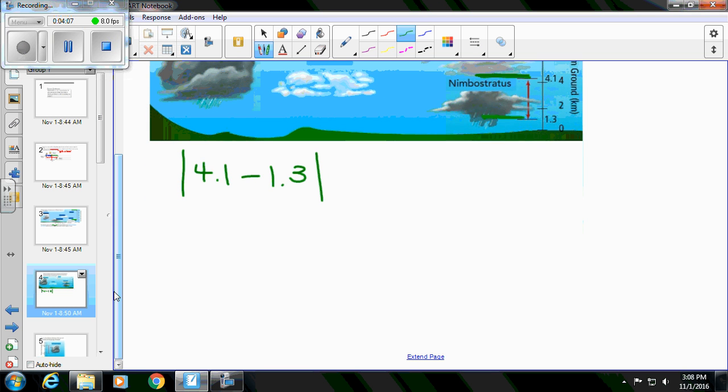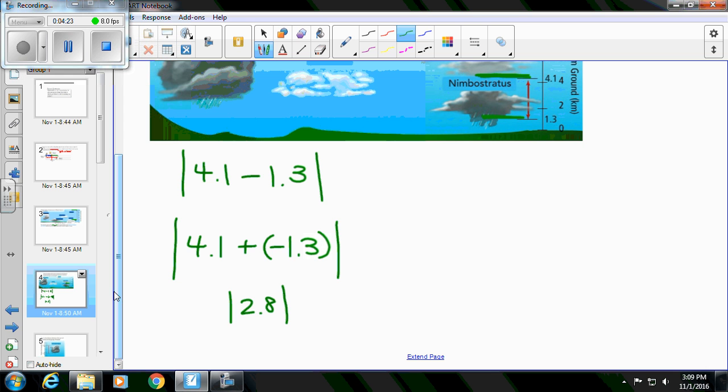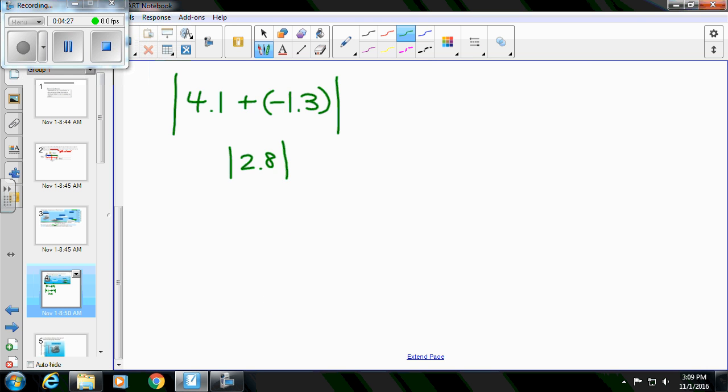I'm subtracting, so I rewrite it as adding the opposite. Remember, stop, add the opposite. When I combine these, I have to subtract them and take the larger sign, which is 2.8. And when I take the absolute value of 2.8, I get 2.8. And our units here are kilometers.